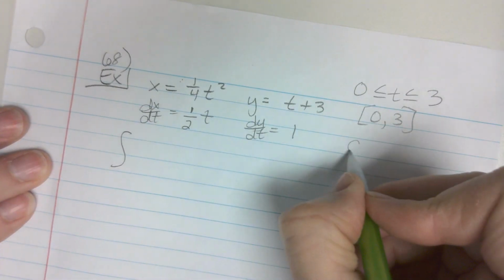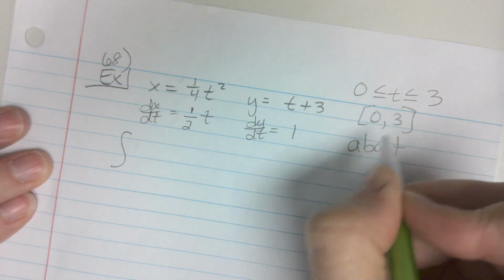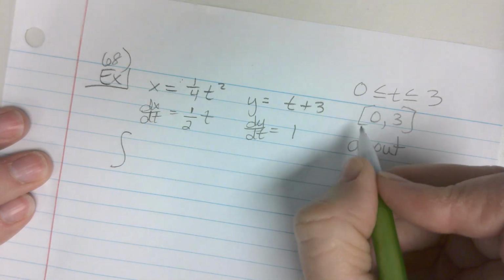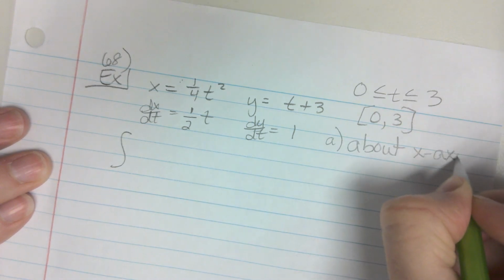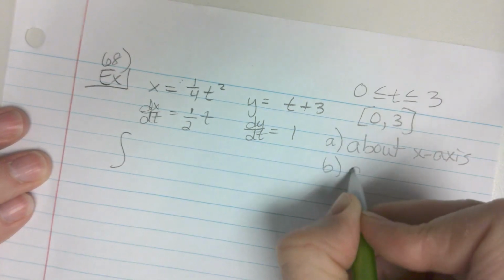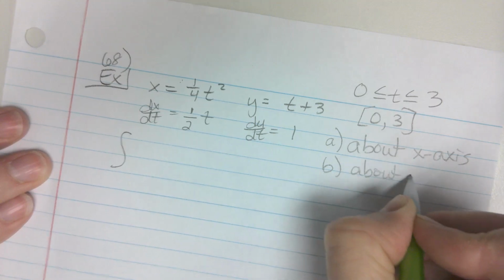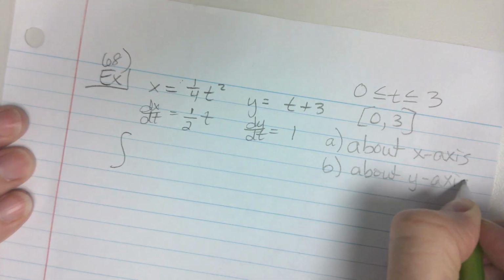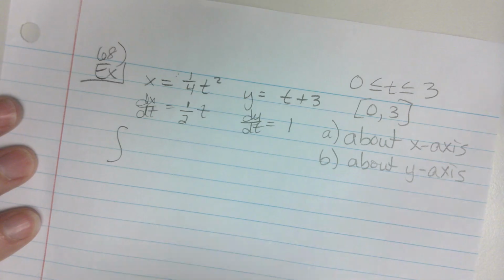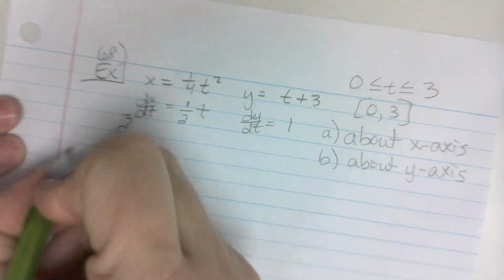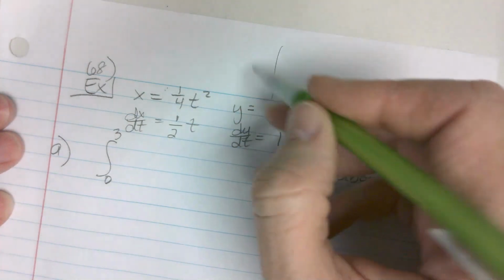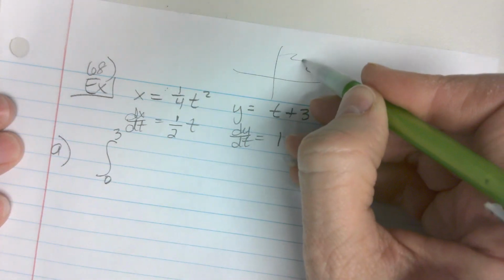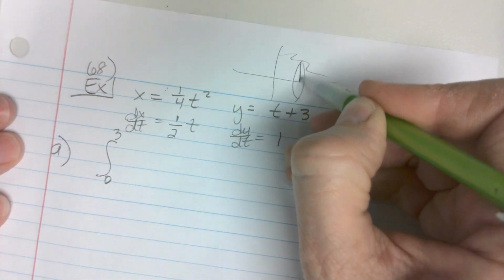Let's just do 2 of them. A, about the x-axis, and B, about the y-axis. So, A, if we are rotating a figure about the x-axis, somebody tell me what is the radius?